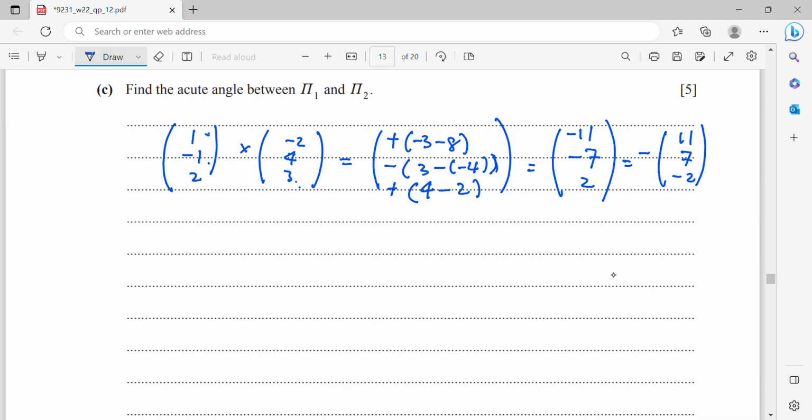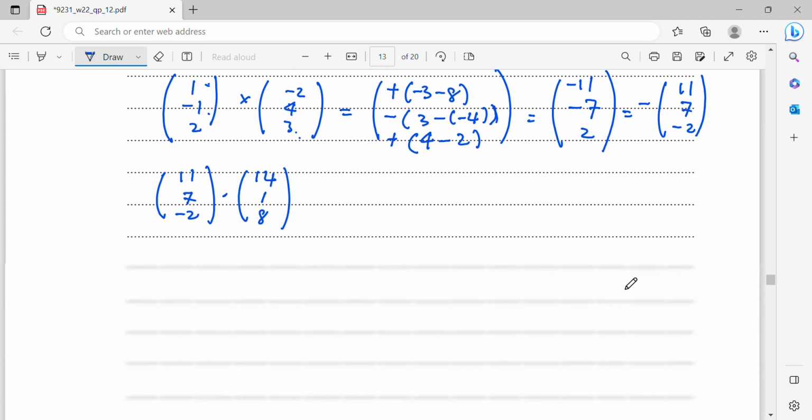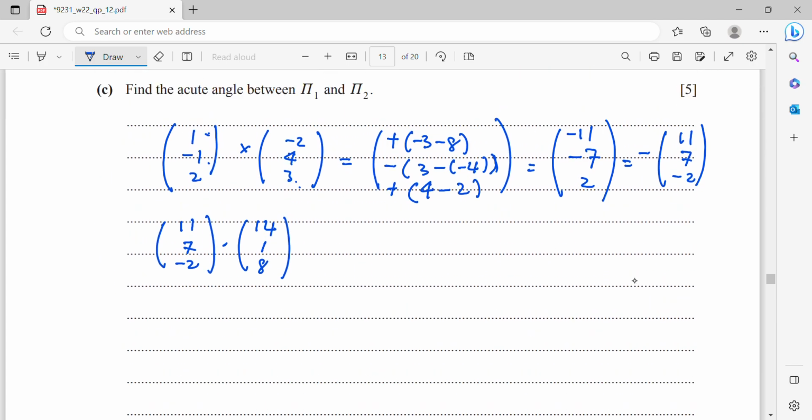So 11, 7, minus 2, dot with 14, 1, 8. This 14, 1, 8 is from the previous part, which is here. Right? So it will be square root 11 square plus 7 square plus negative 2 squared.